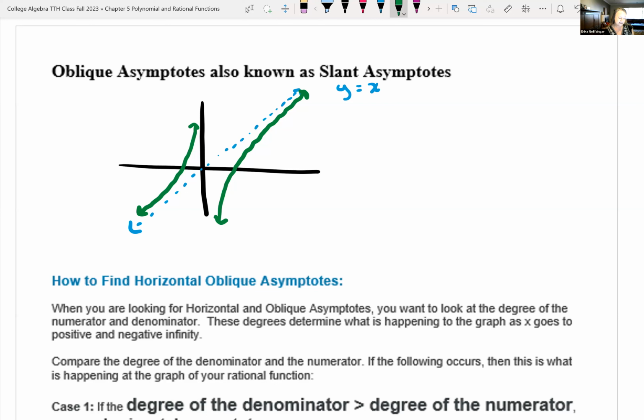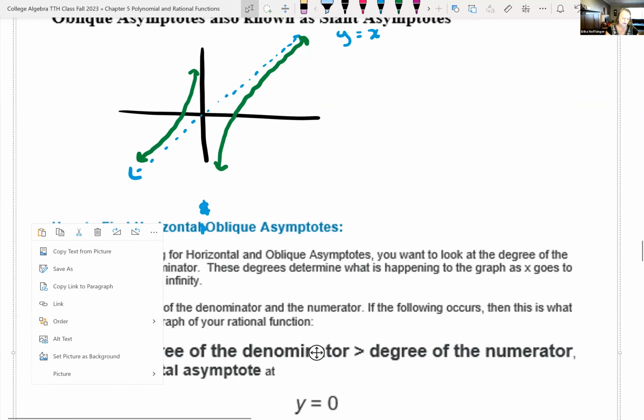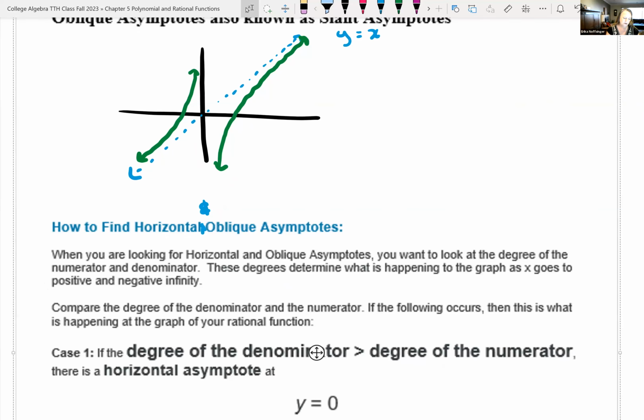So the next piece states how to find your horizontal or oblique asymptotes. This probably should be an and. So let me just read through what is stated below.